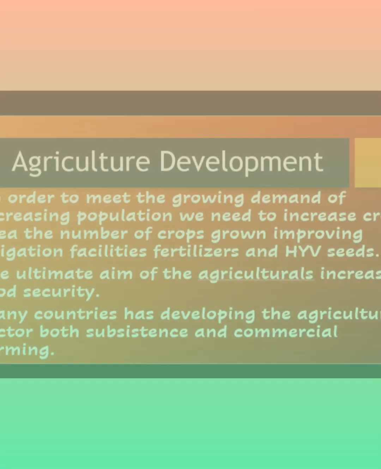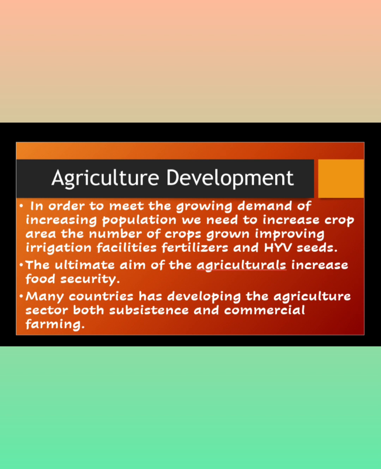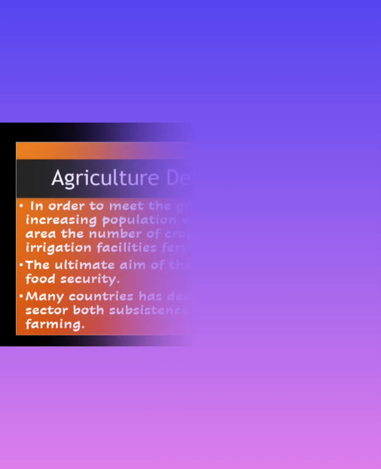Dear students, now let us discuss agricultural development. Agricultural development refers to efforts made to increase farm production in order to meet the growing demand of increasing population.